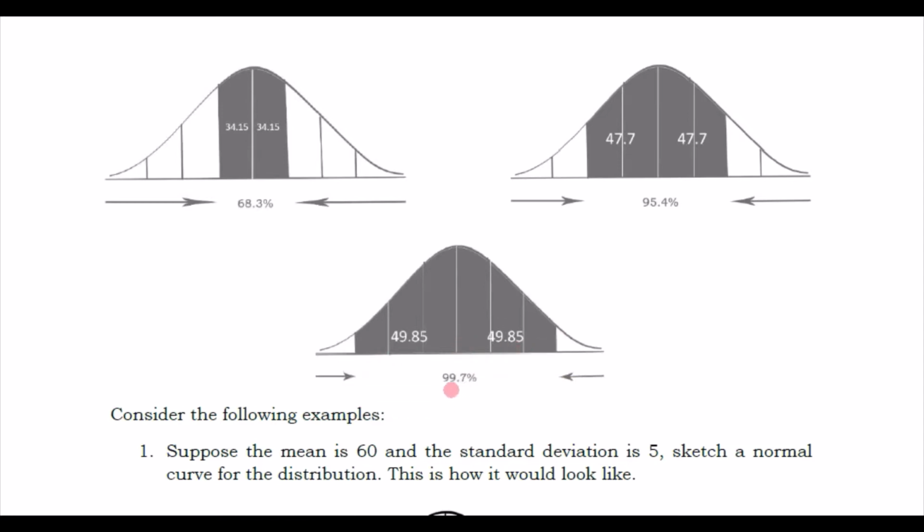That is 99.7%. Pero kung hahatiin natin siya sa gitna, that is 49.85% sa right side and 49.85% sa left side. Again, they are symmetrical, kaya pag hinati natin sila sa gitna, pareho siya ng sukat. Okay?